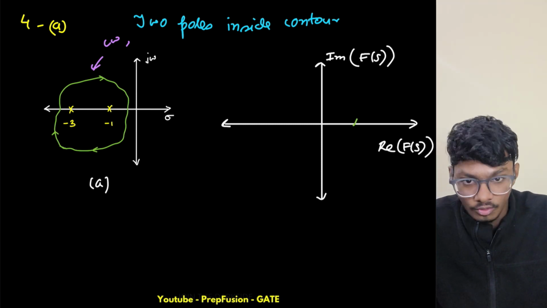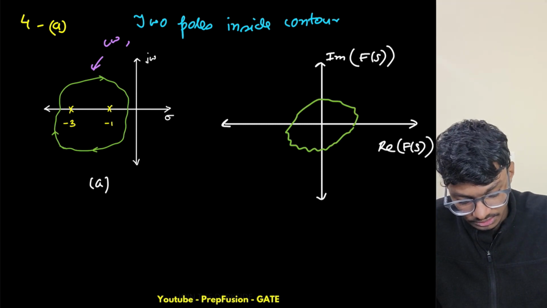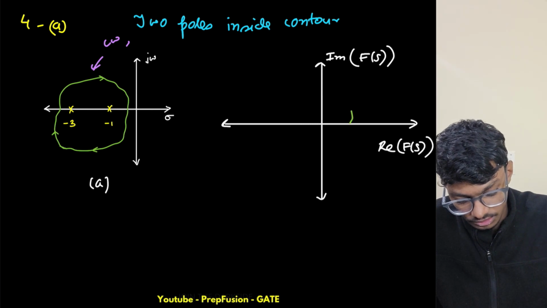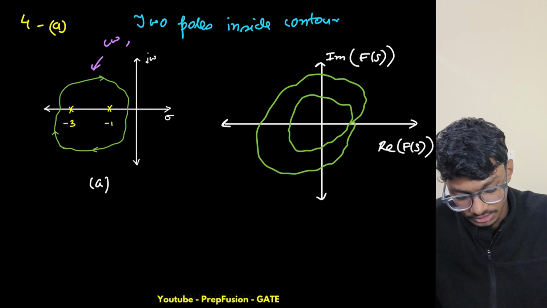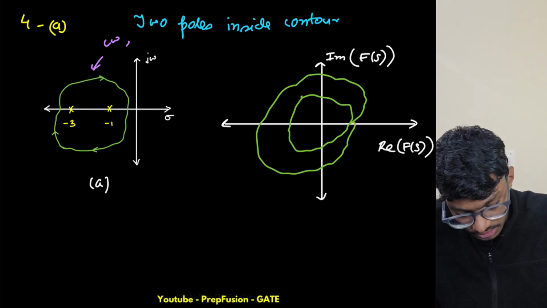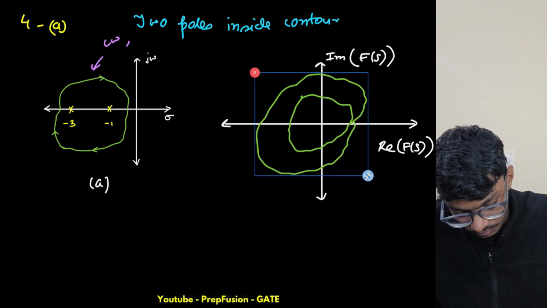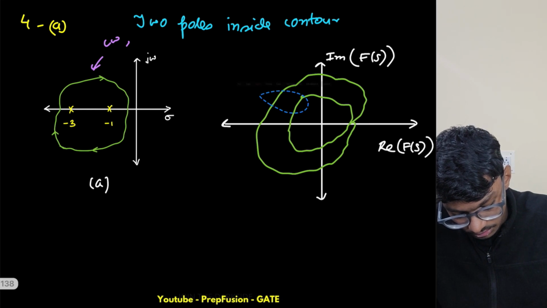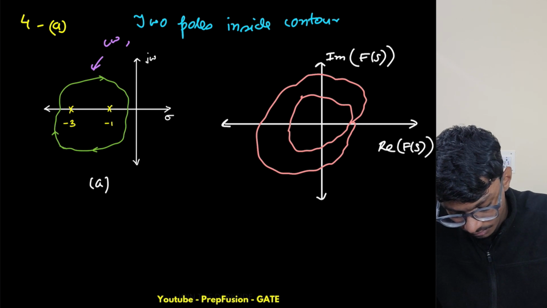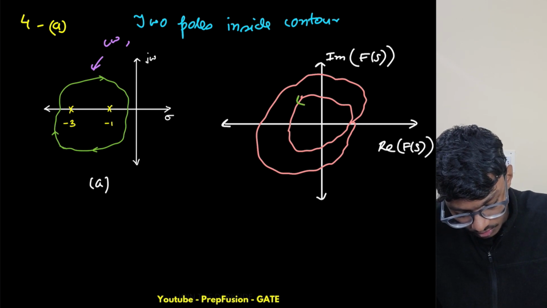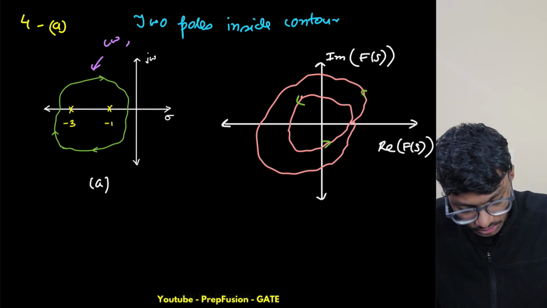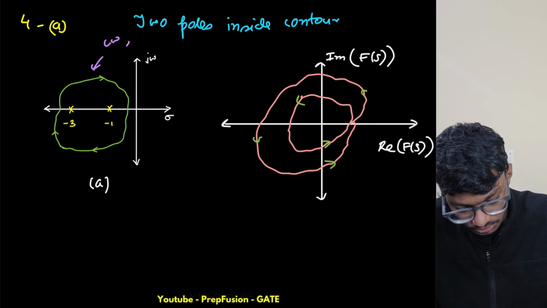Now how will I draw it? Basically you can draw it something like this. Direction is in the anti-clockwise direction. It is going like this, then it is going like this, right?